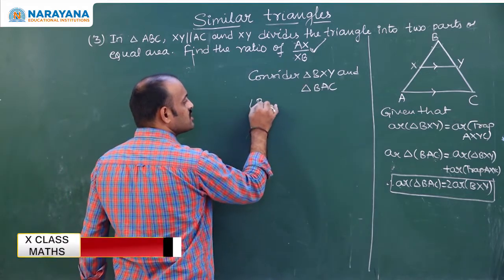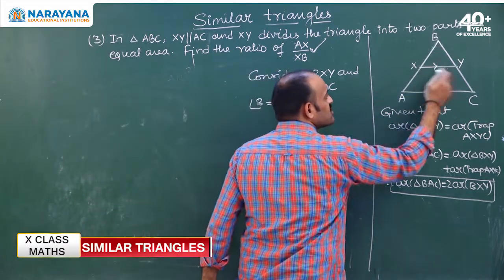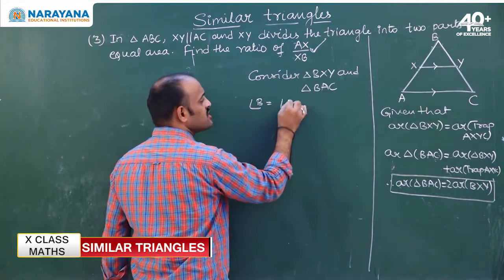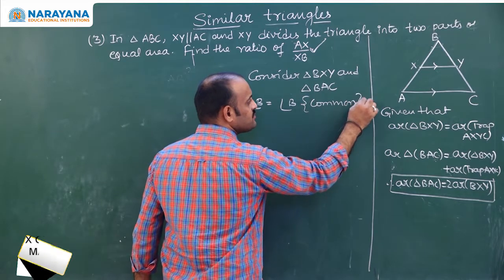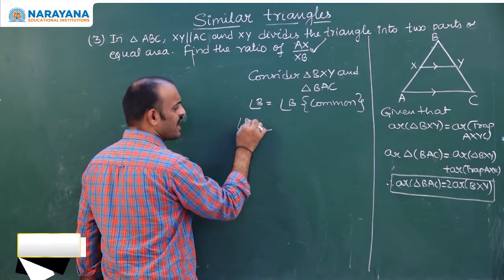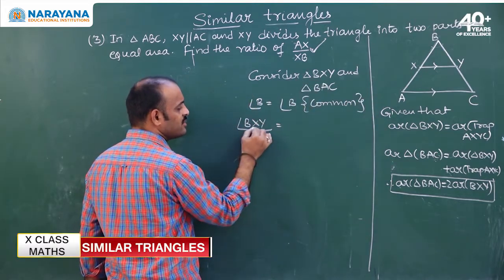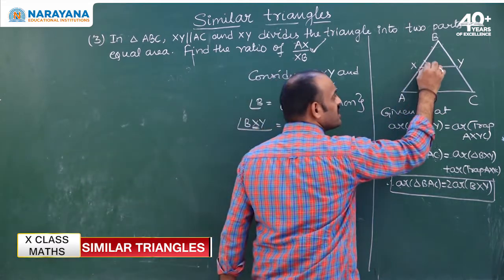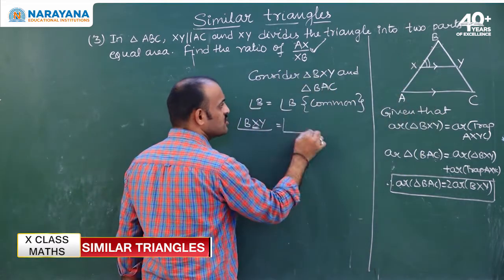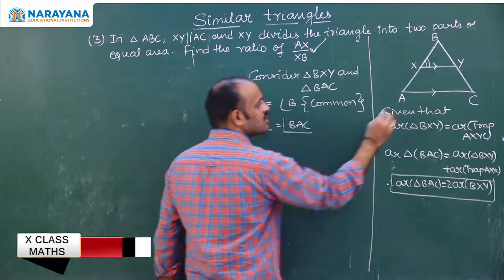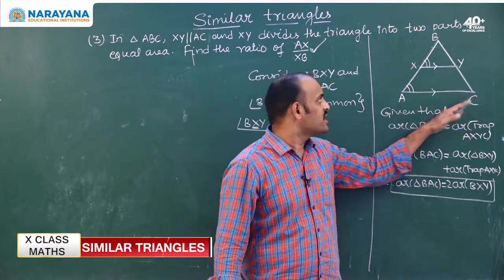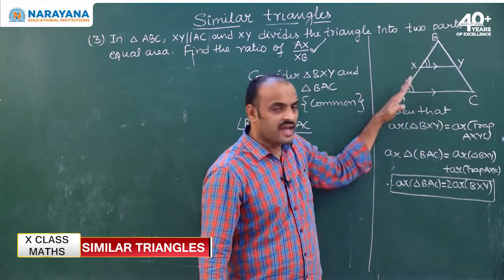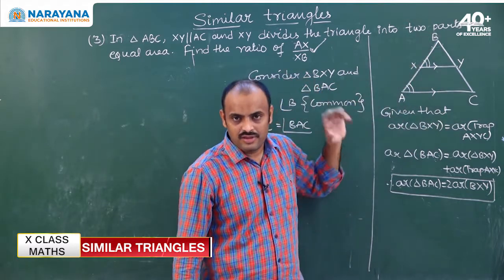In both the triangles BXY and BAC, angle B is common. And angle BXY, here the middle letter is X, so at X the angle we are taking is equal to angle BAC, the angle here. Reason, as XY is parallel to AC, BA acts as transversal.